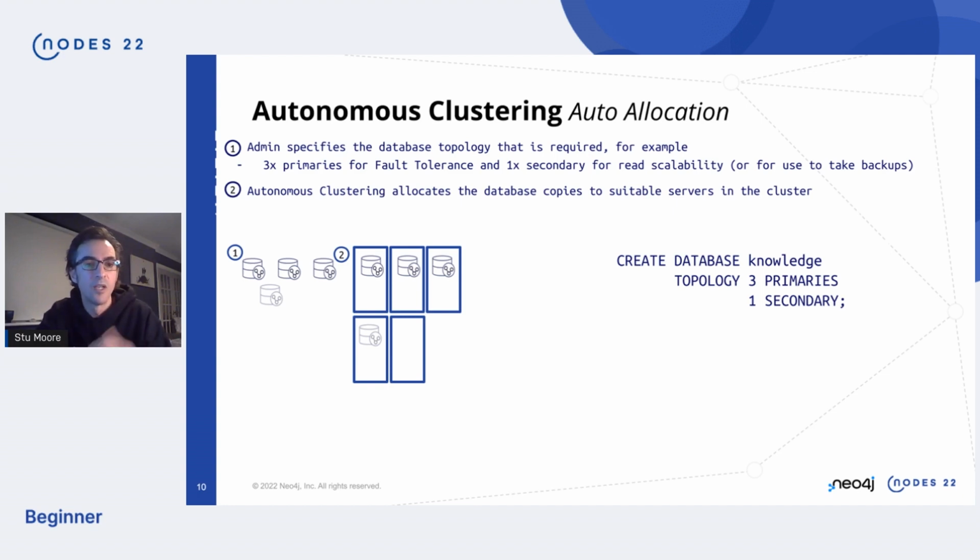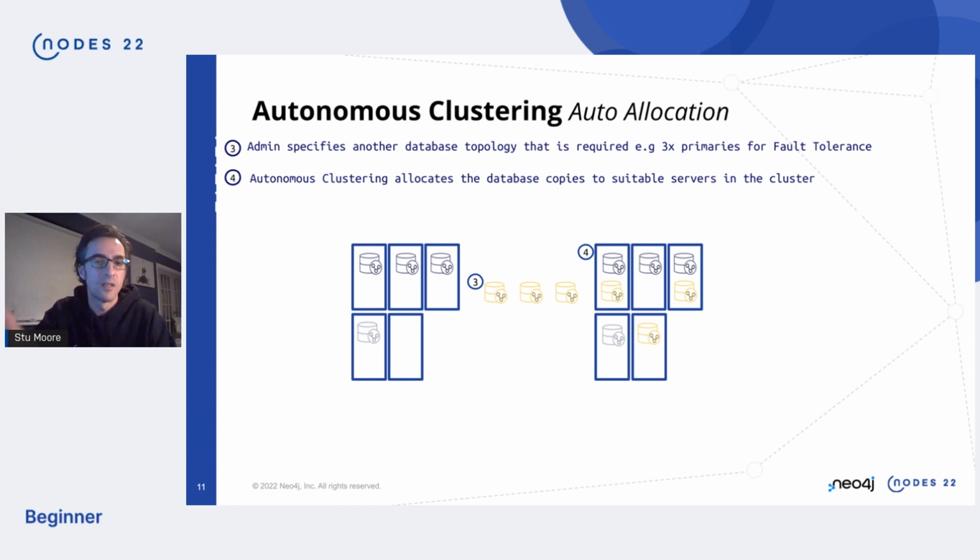You then want to move on and say, I now want to create the database in yellow. I run a similar command. I just specify 3 primaries. In fact, if I've set a default value, the cluster can create 3 without me specifying the topology.